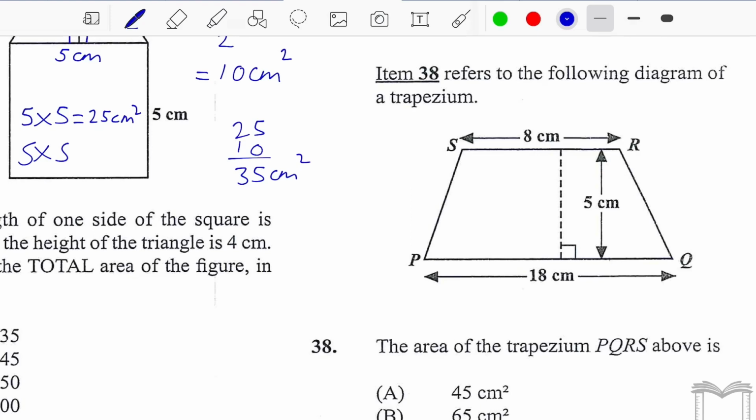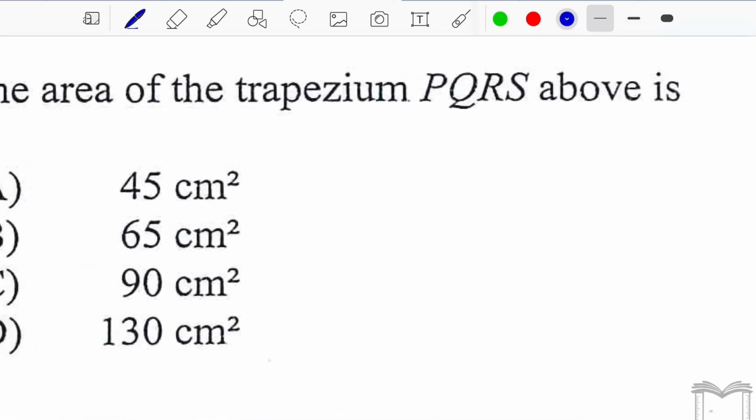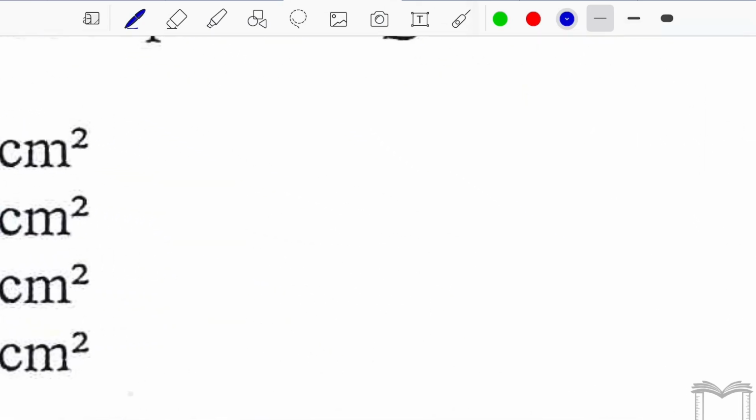Item 38 refers to the following diagram of a trapezium. The area of the trapezium PQRS above is, so we must determine the area of the trapezium.